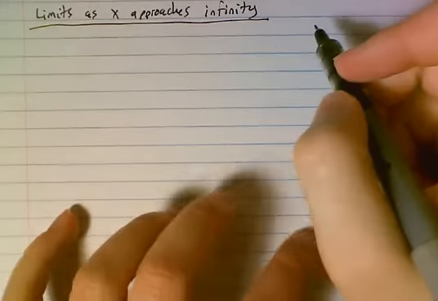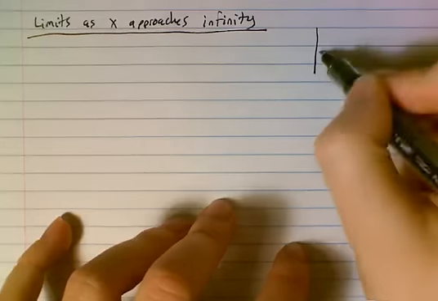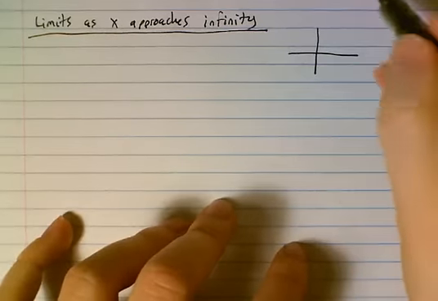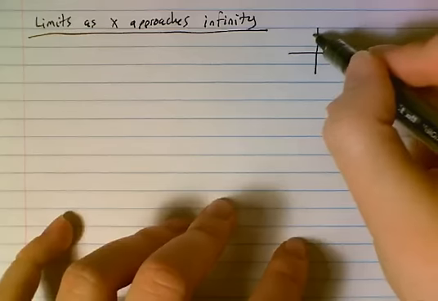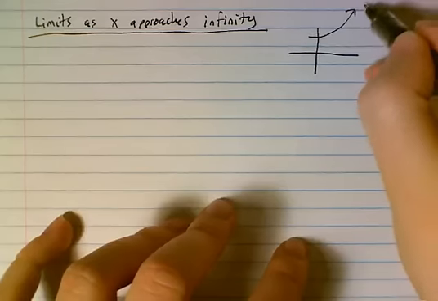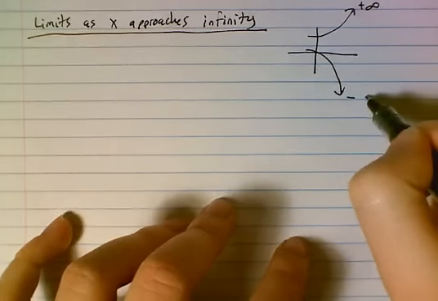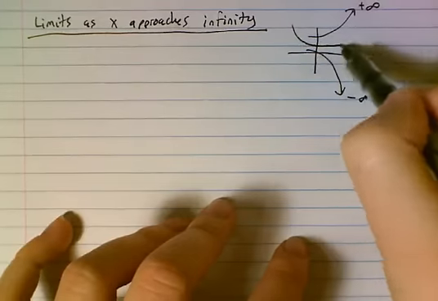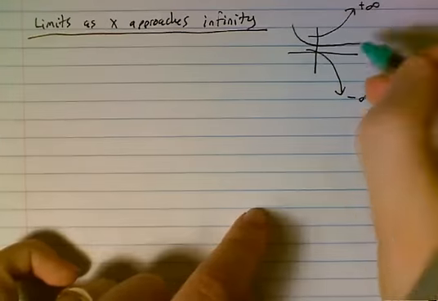And basically what happens, so if we think about our little xy axes, we kind of have a couple of options. One is that the curve could sort of go off up to positive infinity. Another is that the curve could go down to negative infinity, or it could sort of flatten out into a horizontal asymptote.